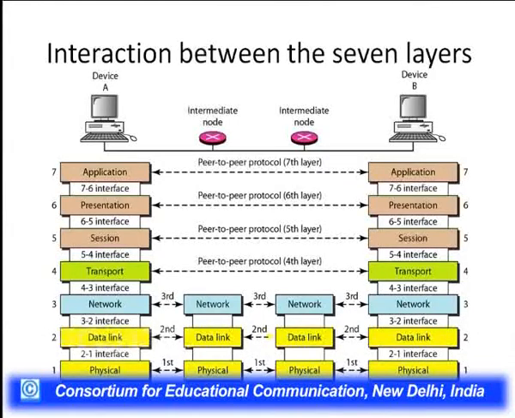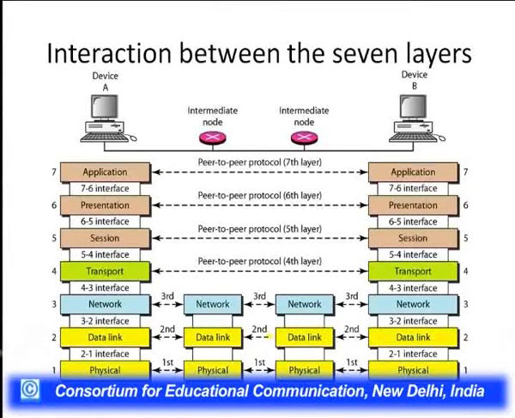There are 2 intermediate nodes between the 2 also, but basically the 7 layers of device A and the 7 layers of device B are communicating to each other, and they are using the peer-to-peer protocol, which is layer specific.